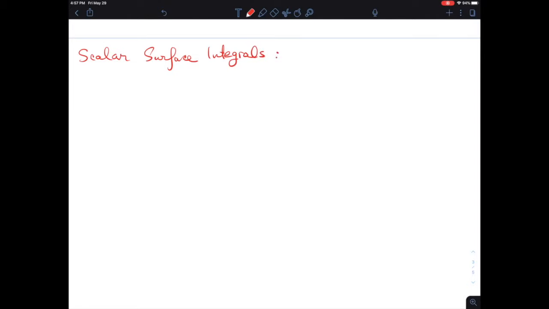That looked like this. Double integral over a surface of some scalar valued function, like a mass density. Like I said, it could be a probability density function if you're trying to find the probability of a particle being on a surface, times surface area.